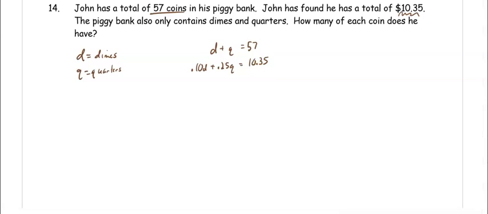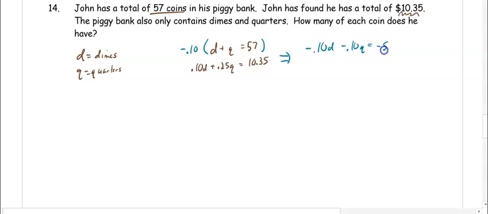So now we can solve using elimination. So I'm going to multiply the first equation by negative 0.10. So negative 0.10D minus 0.10Q is equal to negative 5.70. Our second equation is 0.10D plus 0.25Q equals $10.35.